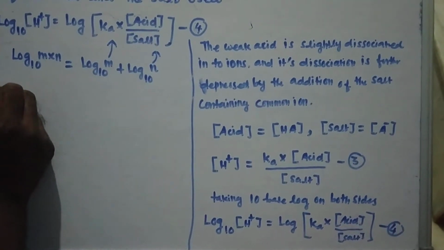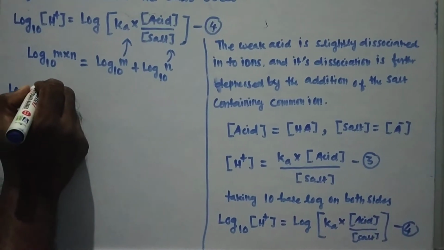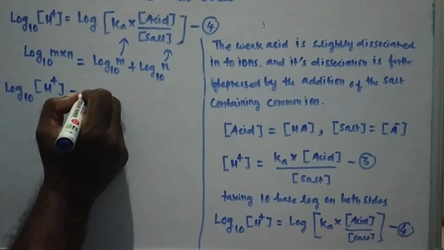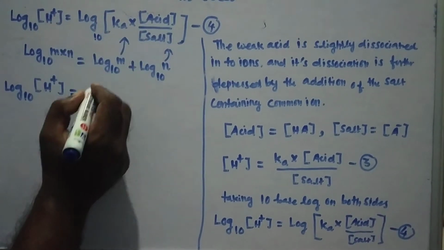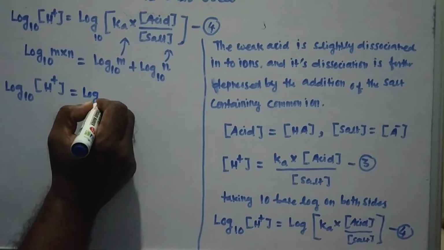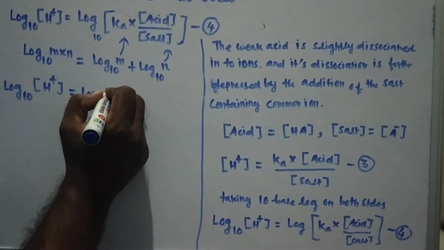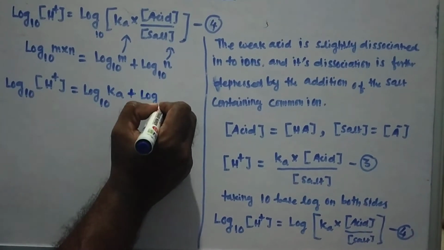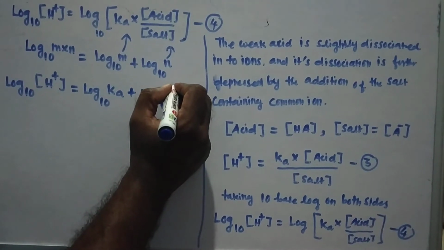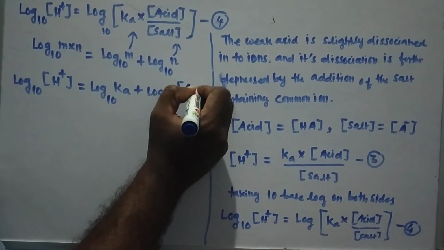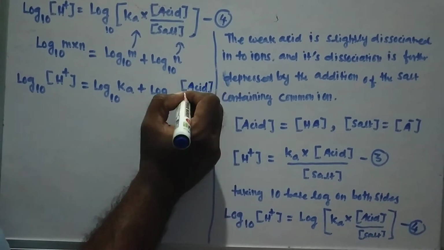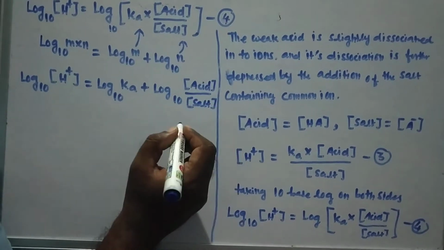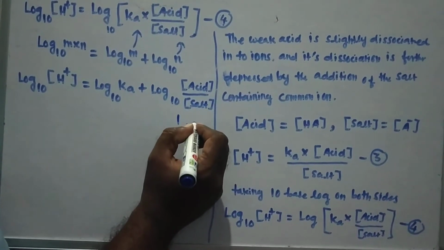Okay, it becomes log base 10 concentration of the H plus is equal to log base 10 Ka plus log base 10 concentration of the acid divided by the concentration of the salt. Okay, this is equation number 5.